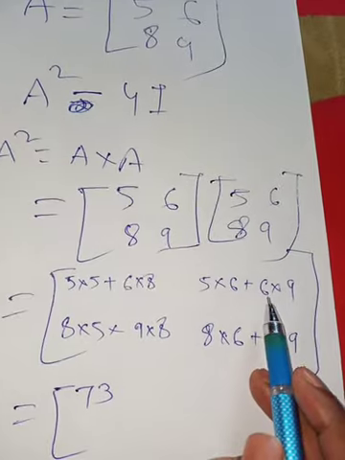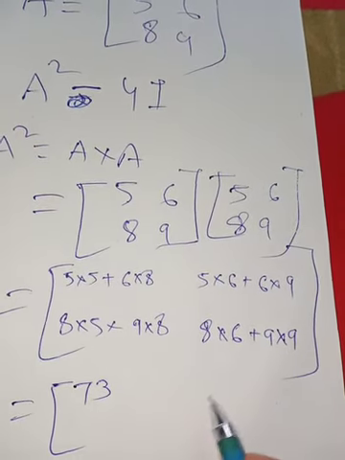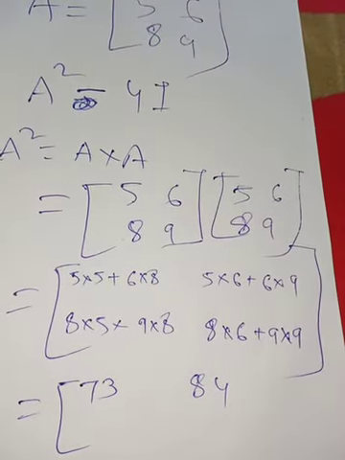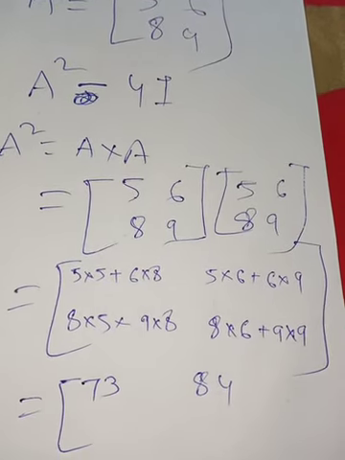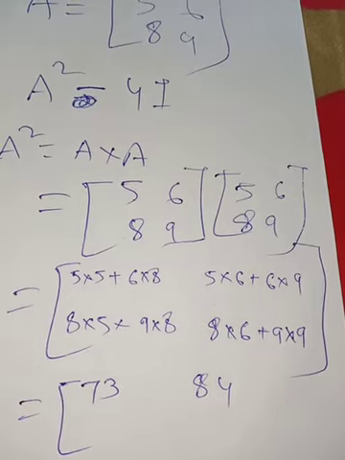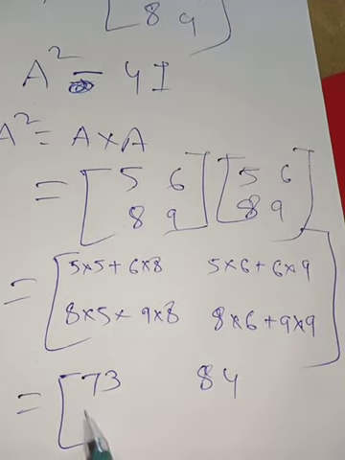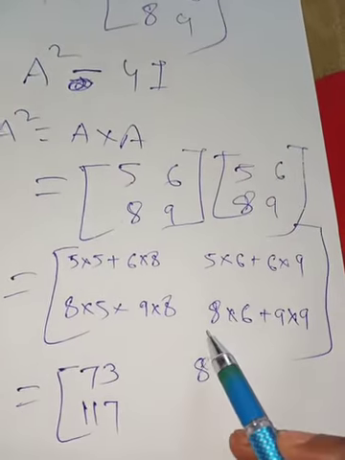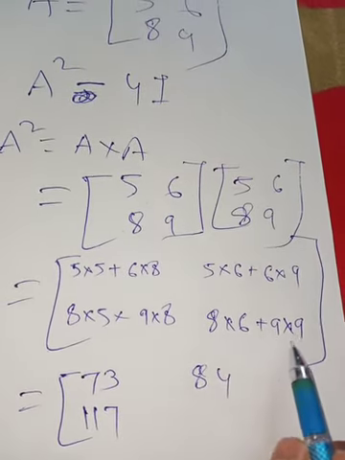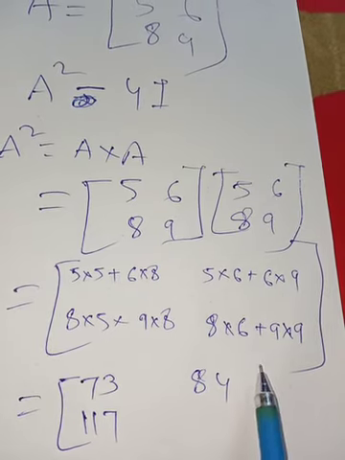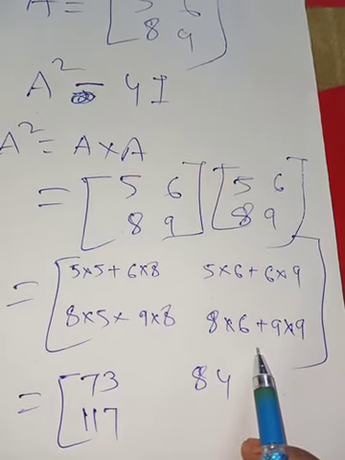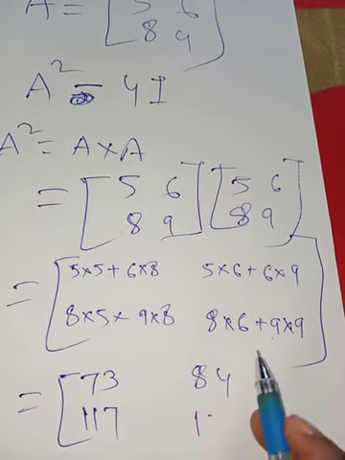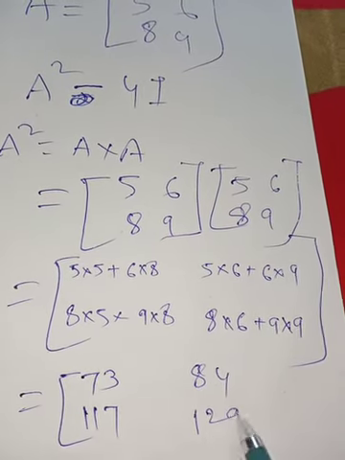Here 30 plus 54, that means 84. Here 45 plus 72, 117. Here 48 plus 81 is how much? 129.